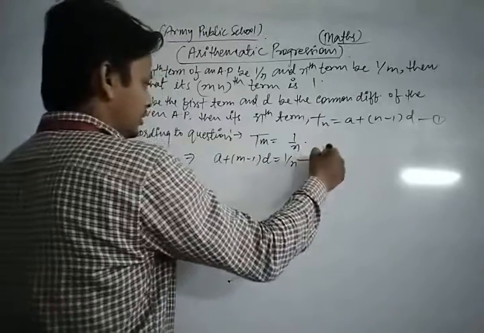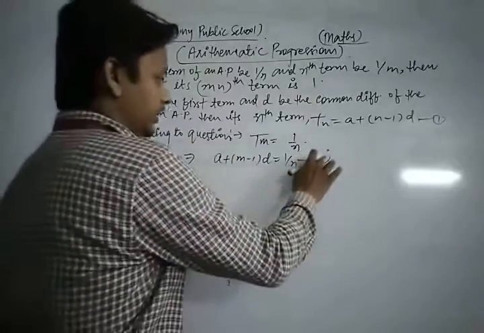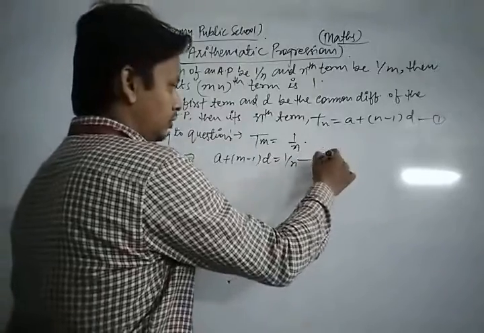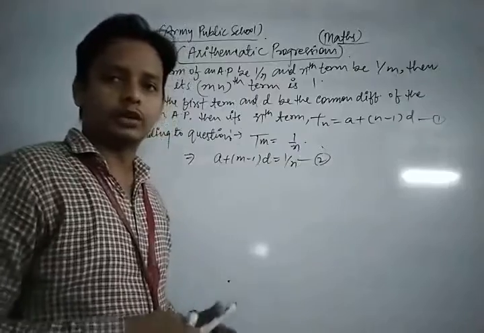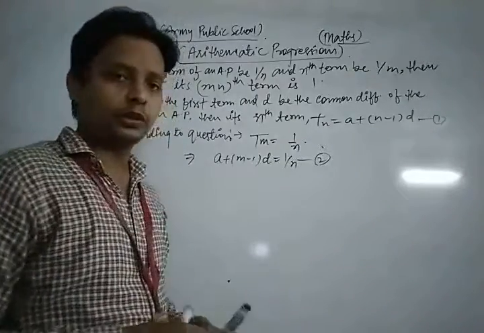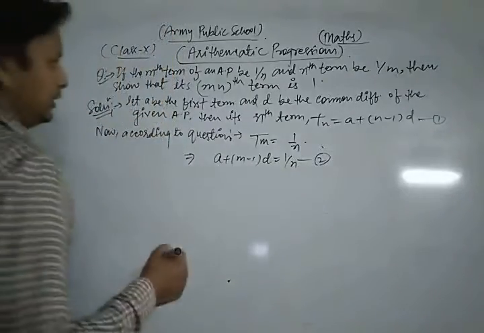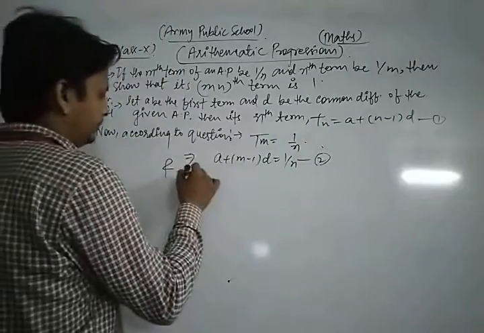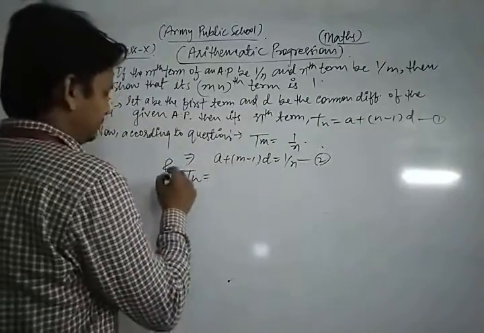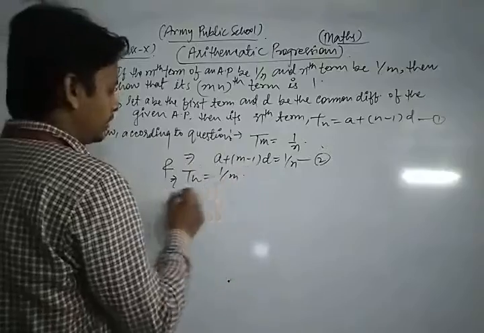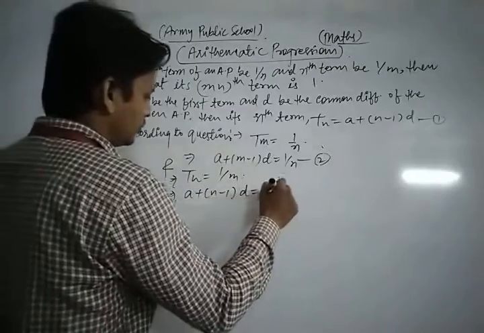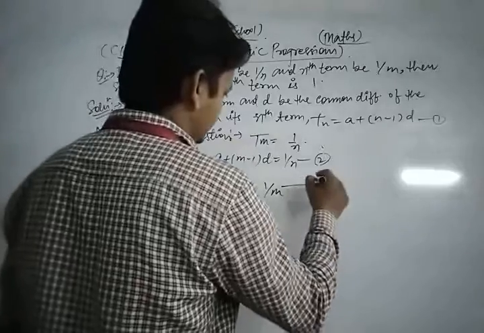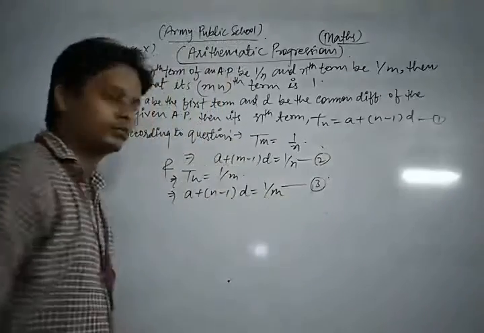Take this as equation number 2. Because the nth term is 1 upon m, that is A plus n minus 1 into D is equal to 1 upon m. Equation number 3.